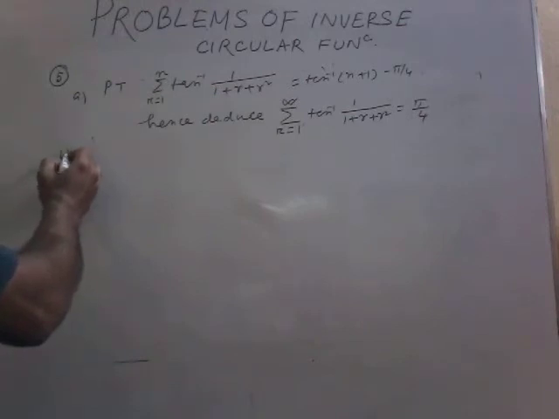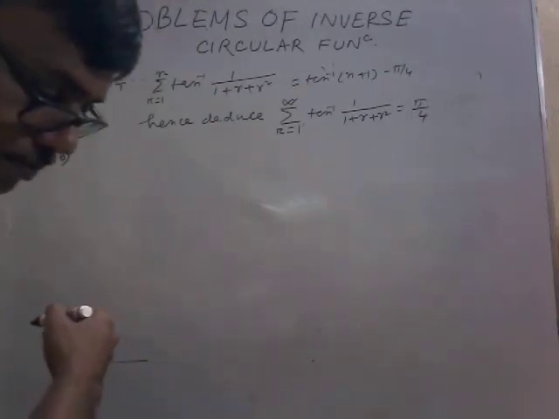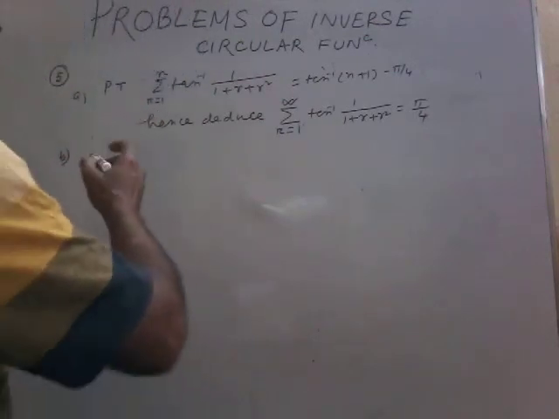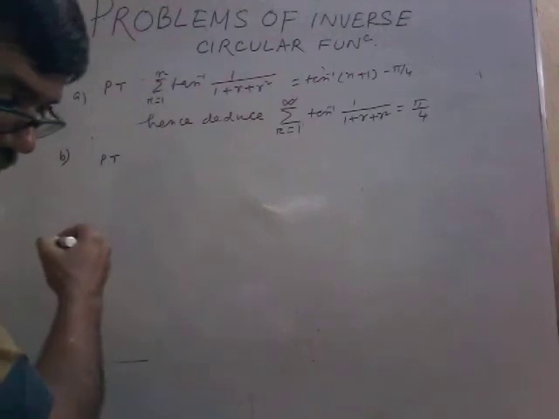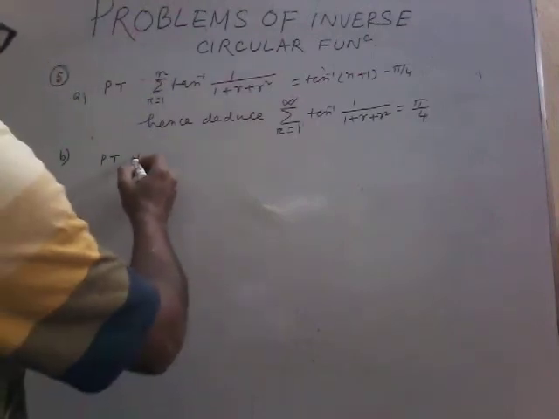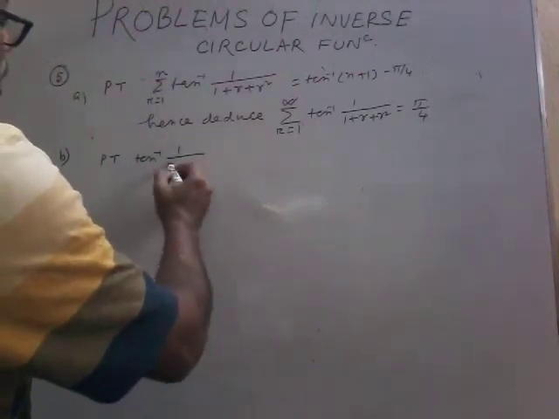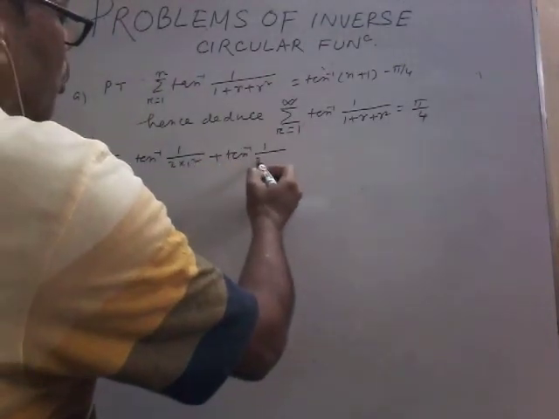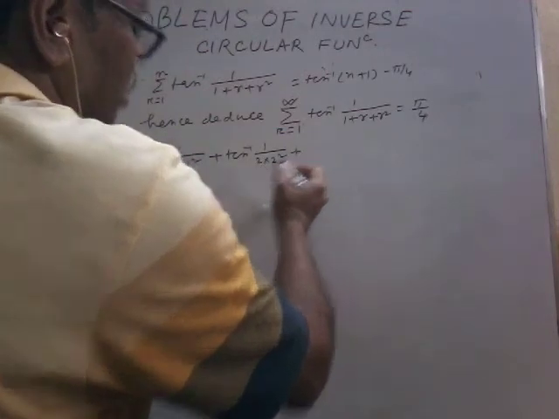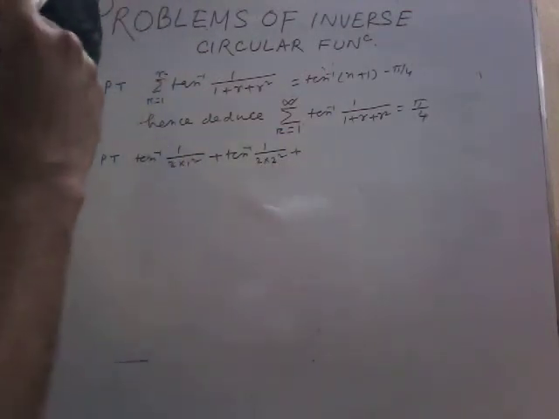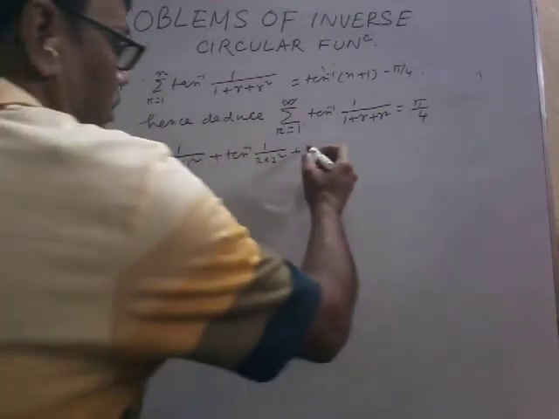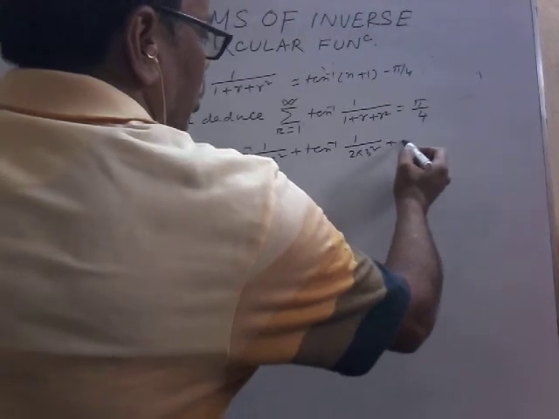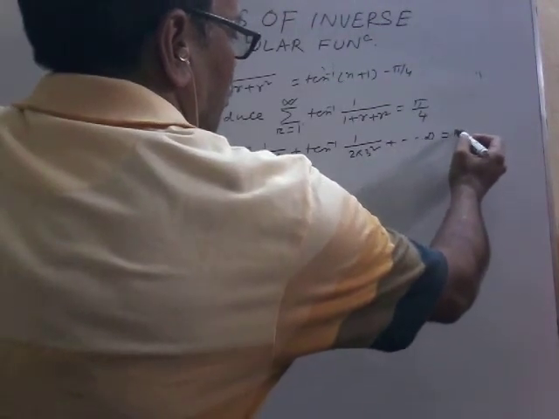B, 100% same problem. Prove that tan inverse 1 by 2 into 1 square, tan inverse 1 by 2 into 2 square, tan inverse 1 by 2 into 3 square, dot dot to infinity equals pi by 4.